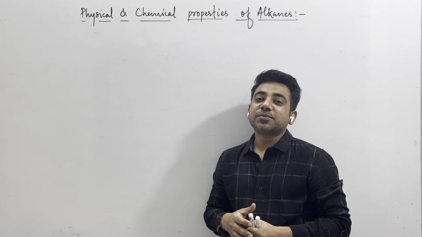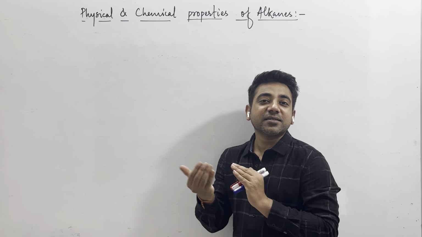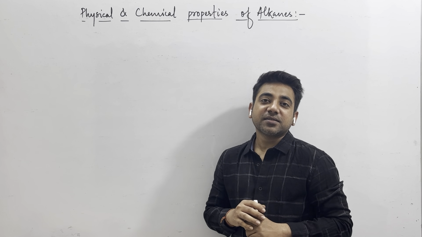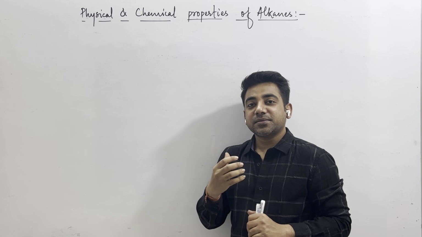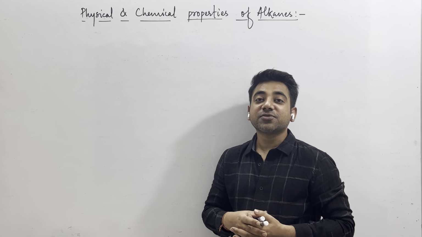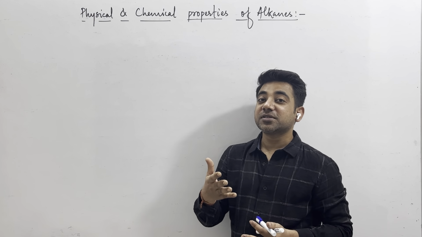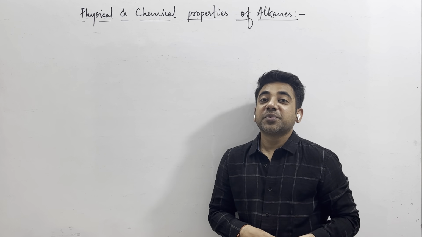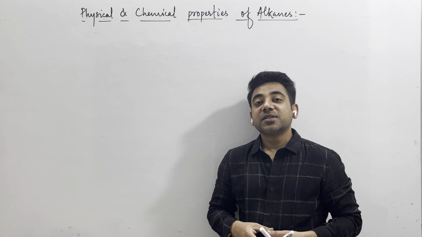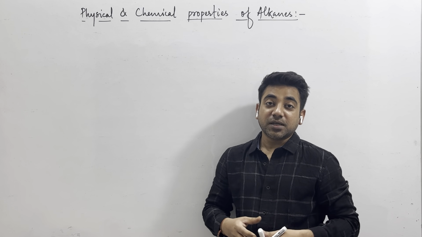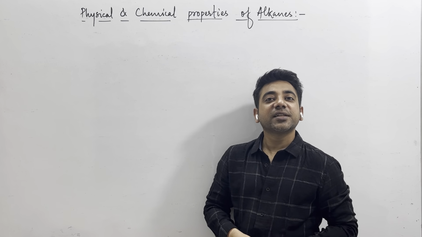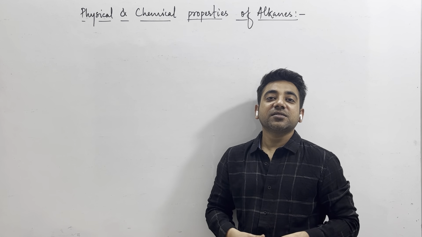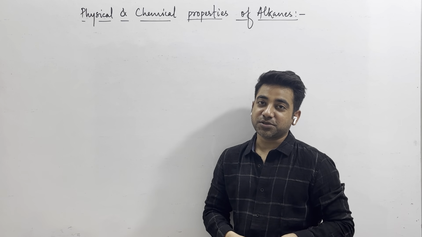So what actually happens when the number of carbons in alkanes increases, or their molecular mass increases, is that the strength of their interactive forces, that is the van der Waals force or dispersion force, also increases, because that is dependent on the surface area. And when the molecule has more and more carbon atoms, obviously the surface area will increase, and that will cause the van der Waals force to increase, and the boiling point to increase.